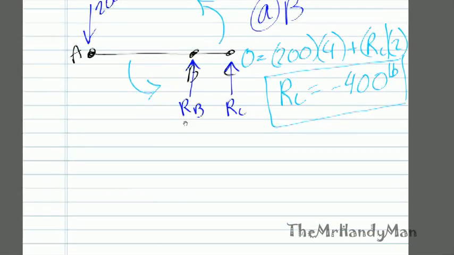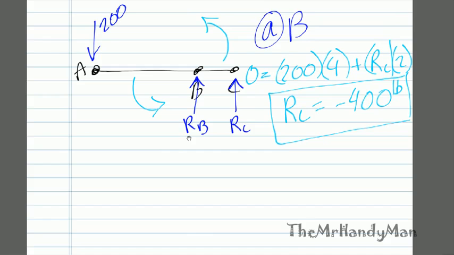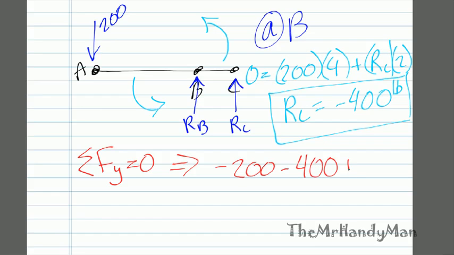Now that we have RC, we can just use the sum of all forces. Sum of all forces in the y direction must equal 0, so we can say negative 200 minus the 400 plus RB must equal 0.